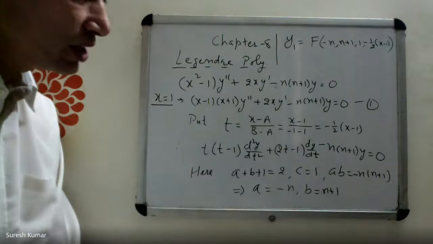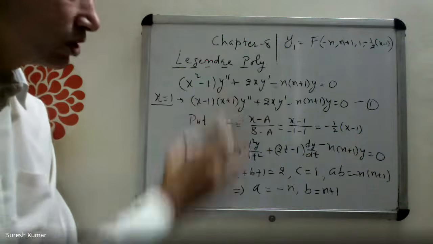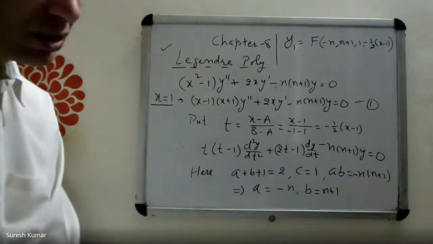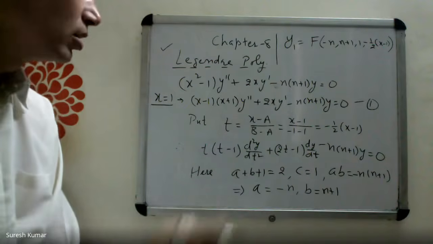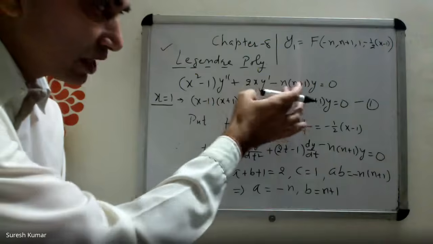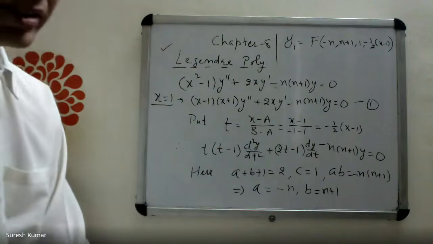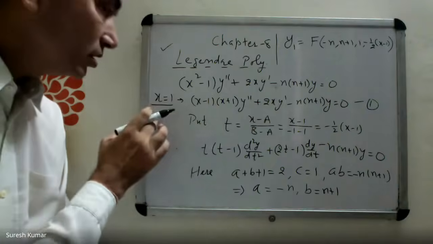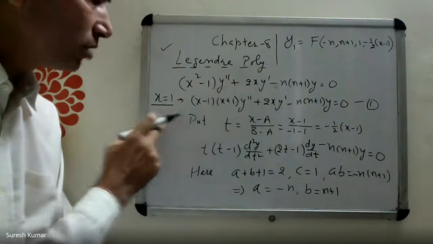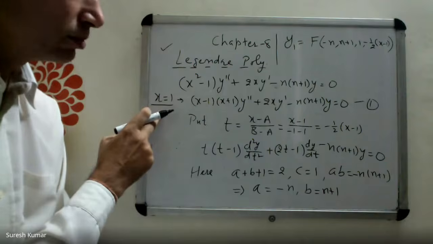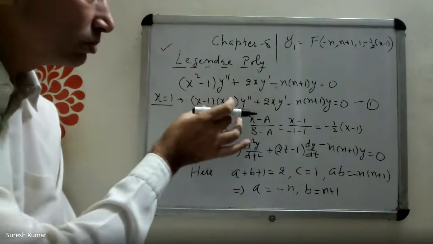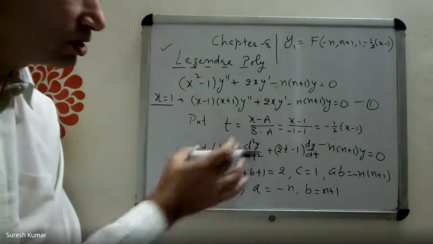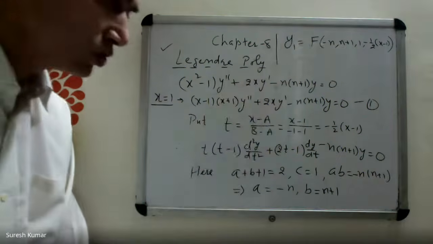Before moving to that step, let me explain you again what we are doing. We are trying to understand the origin of Legendre polynomials. So this particular differential equation where n is a constant is Legendre's differential equation. We are interested for its solution about the point x equal to 1. So what we planned is to convert this into hypergeometric differential equation because once it is hypergeometric, we have a ready-made solution.